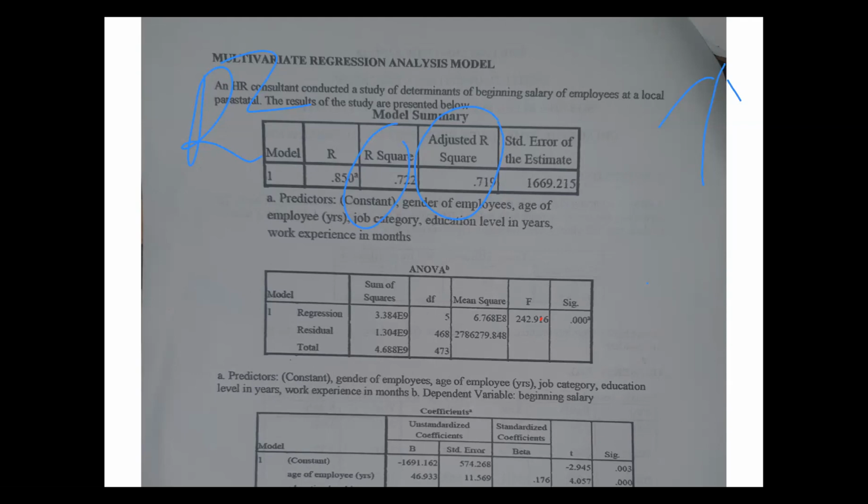What R squared does is increase as you add these variables. How many are they? We have gender, age, job category, education, and work experience. There are 5, right? If you add 2 more, the R squared will increase, maybe to somewhere around 78, which means there are more factors that you have considered.